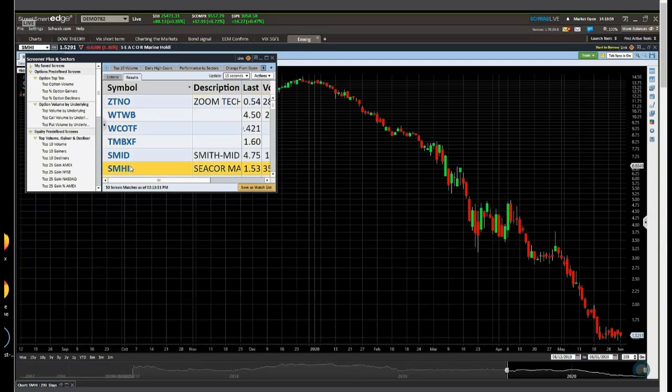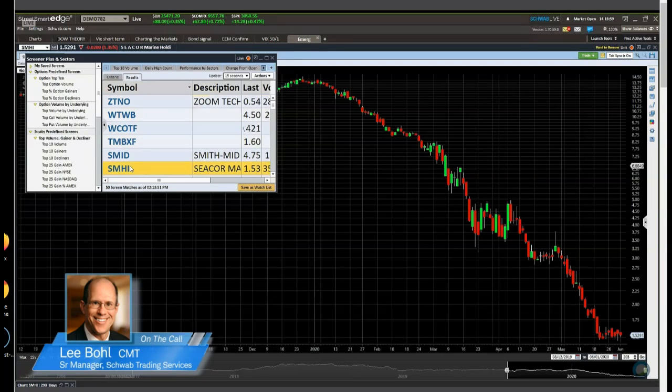Right? So there you go. So you can use that then just to find stocks that are trending in either direction with just a couple of clicks. However, there's something more you can do with just the ADX.